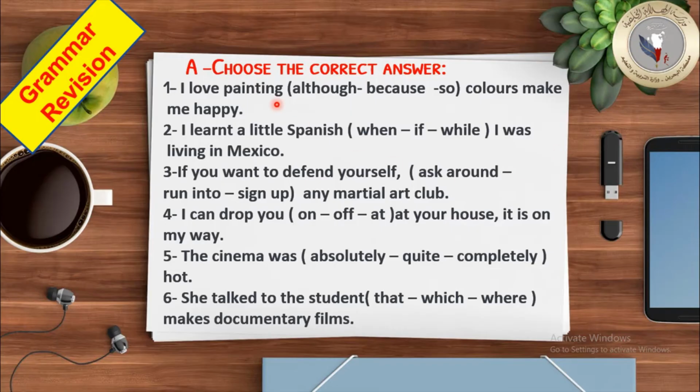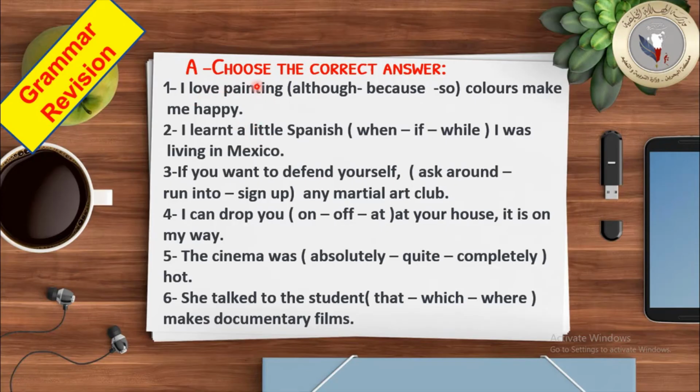Look, we start together. Number one, I love painting. Although, because, so, colors make me happy. Look carefully and decide.